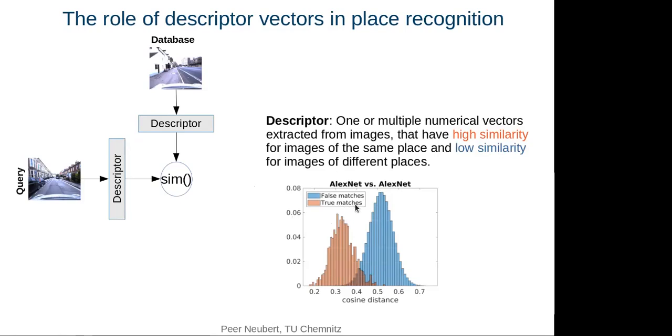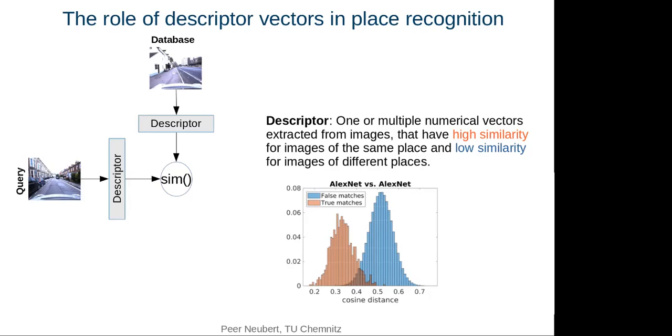So the distribution of cosine distances of images showing the same place versus the cosine distance of images showing different places, shown in blue. And you can already see that we can separate those two distributions, but it's not as nice as we usually see in those HDC systems where we work with random vectors. So it's not that clearly separated, and that's a problem we have to address later on.